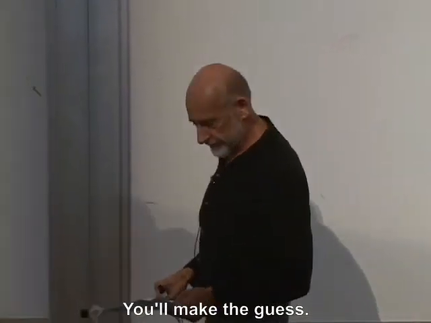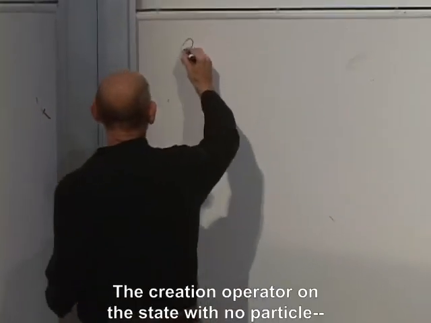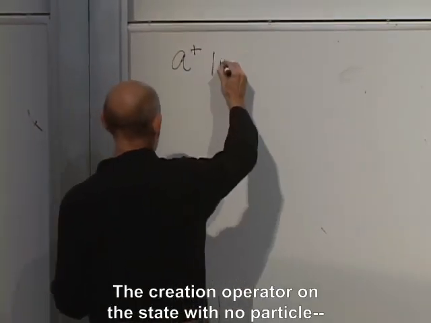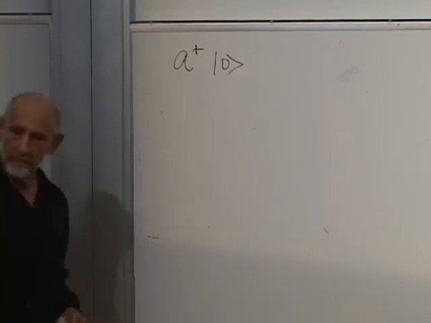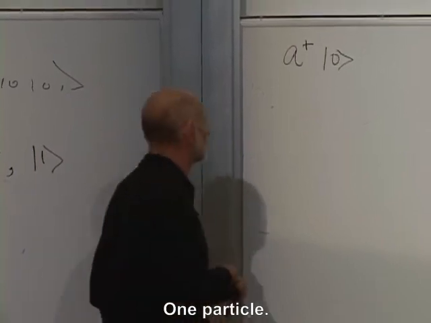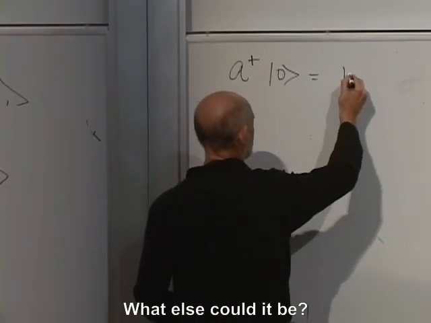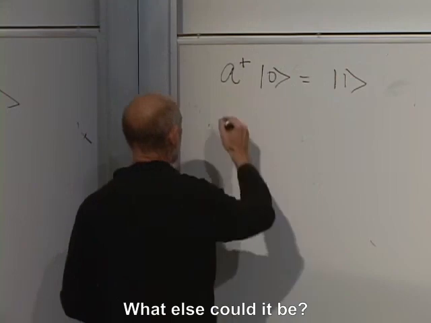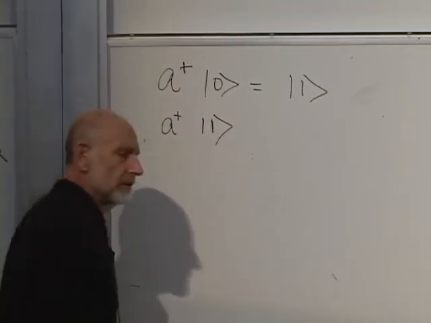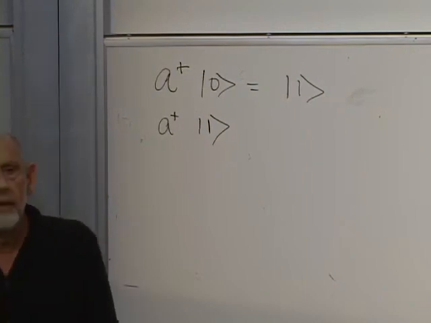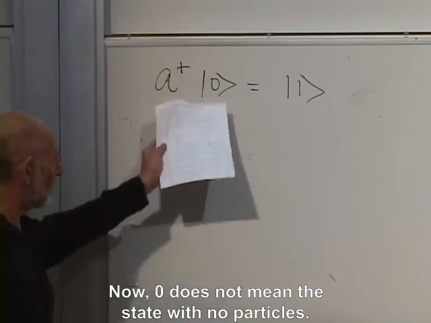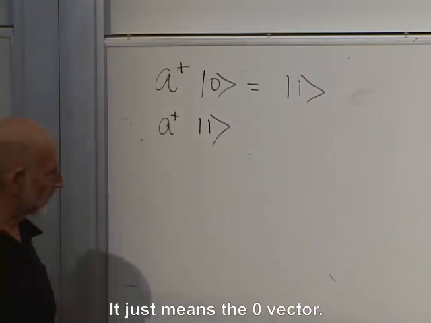A creation operator on the state with no particle gives the state with one particle. What about a creation operator on the state with one particle? It gives 0. Now, 0 does not mean the state with no particles. It just means the zero vector.